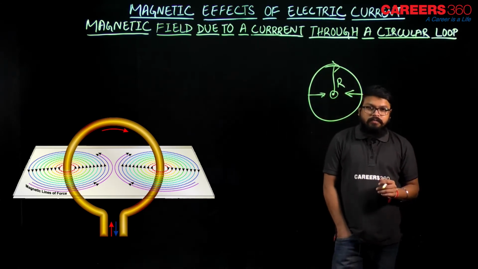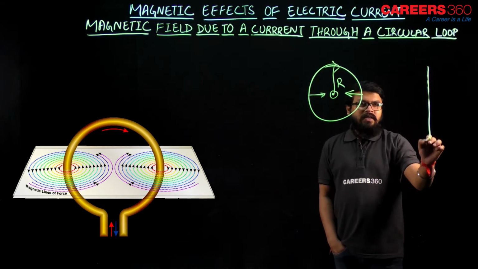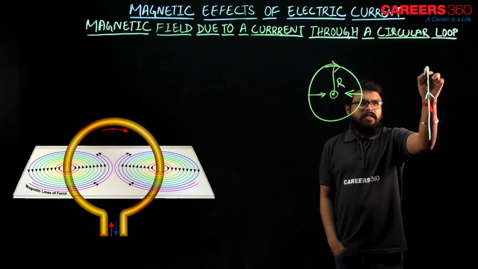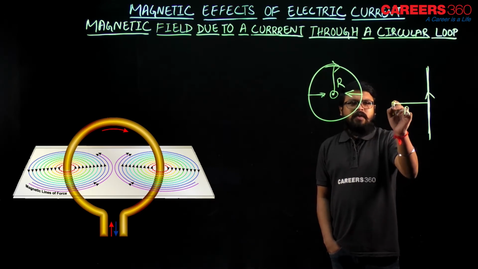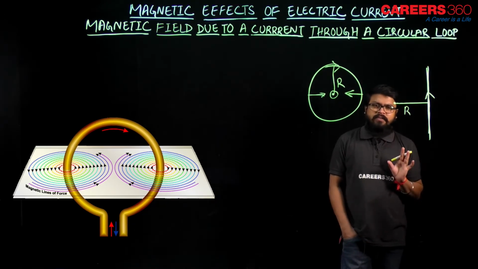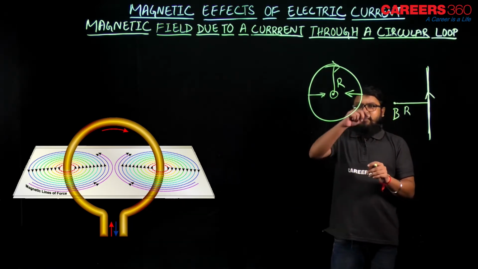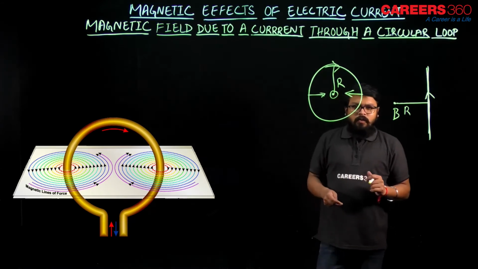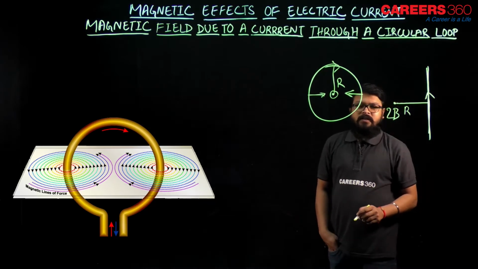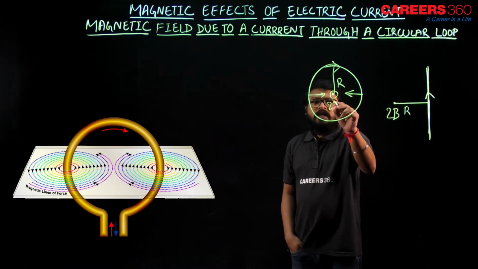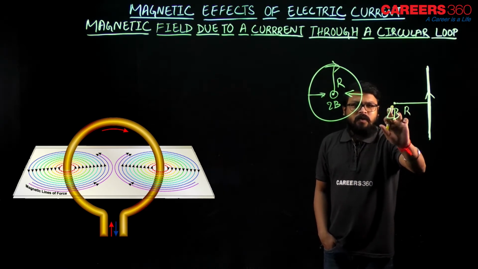For a straight conductor carrying current, at a distance r, suppose the magnetic field was b. Now when I have turned it into a circular loop, its magnetic field at the center would be 2b. Previously, when it was straight, it was only b.